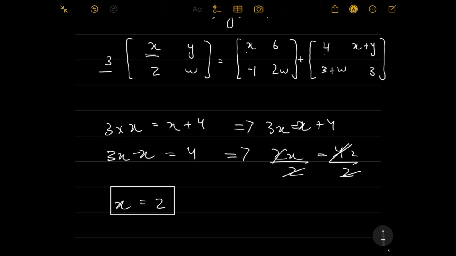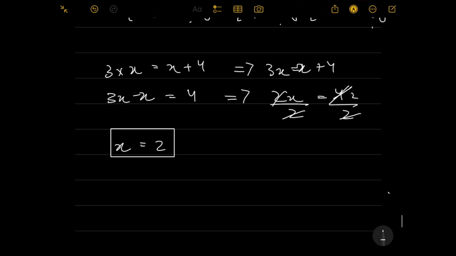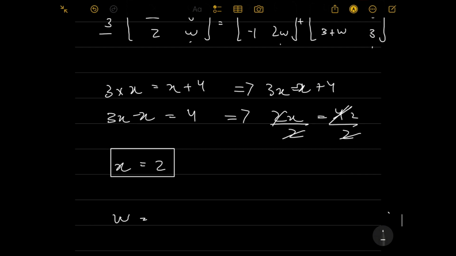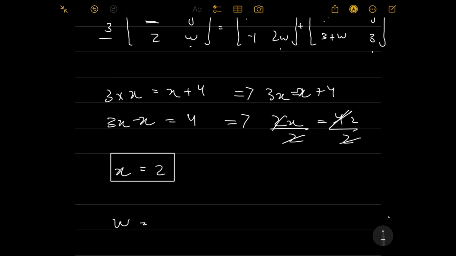Next is finding the value of another variable, maybe w. So w here is w equals 2w plus 3.